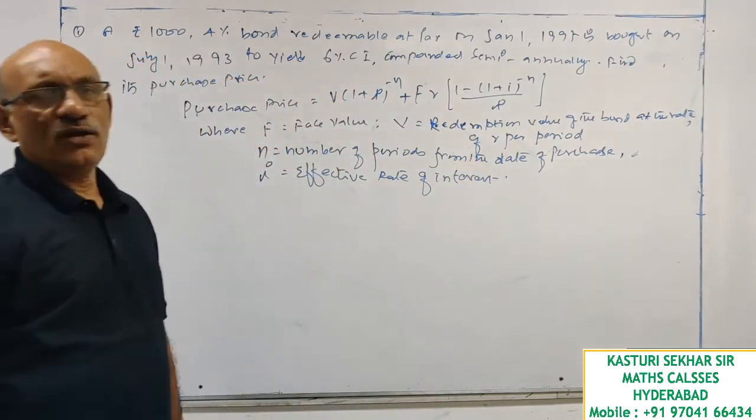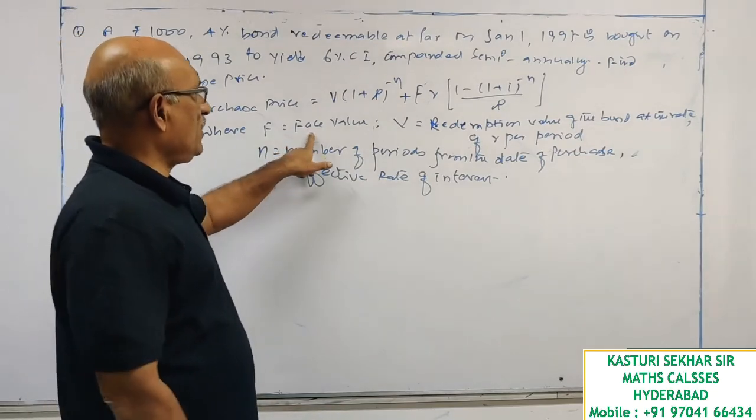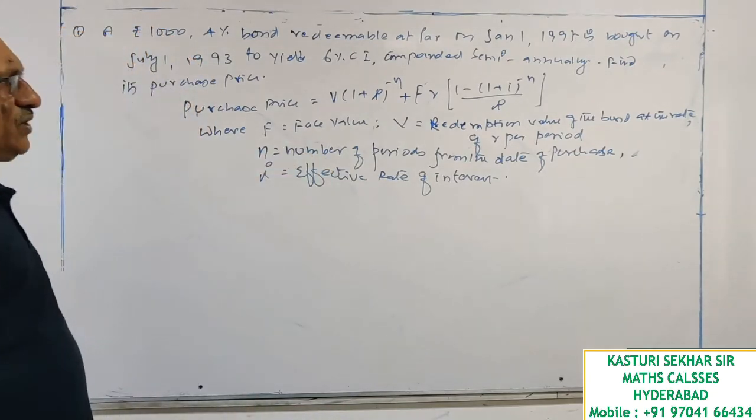Everything will be given to you that you have to substitute. Look at this. F is equal to face value, V is equal to redemption value.